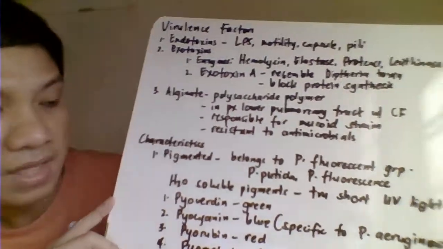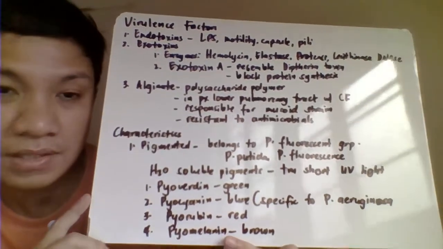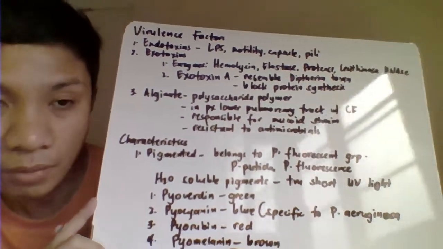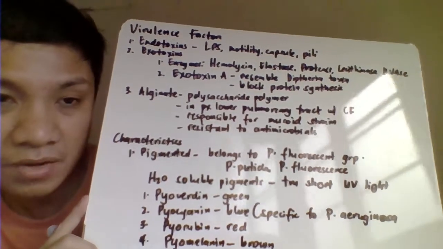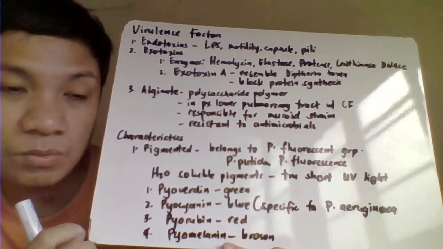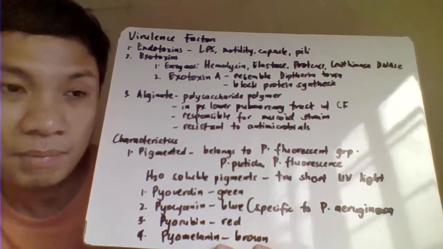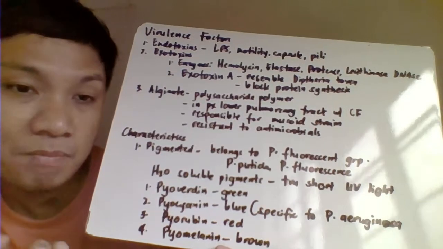Okay, we have here the characteristics of Pseudomonas aeruginosa. This bacteria is highly pigmented. It produces a water-soluble pigment that fluoresces. So if you identify it with short-wave UV light, this bacteria fluoresces because it produces different pigments.